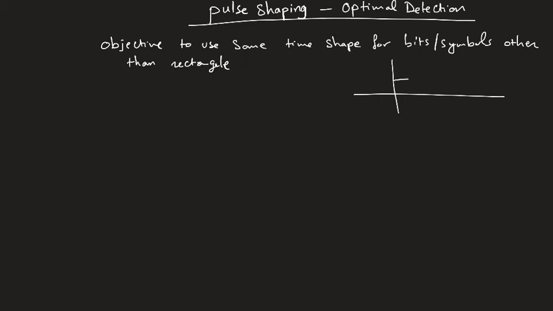You will send one bit for a certain bit duration TB, which is going to be a constant value, and then another bit, maybe 0, for again a certain bit duration TB, and then a third bit, maybe also 0, for duration TB, and then a fourth bit, right, constant, and so on. So in these cases, the shape of each pulse, the shape of each symbol, is a rectangle with a certain height, right?